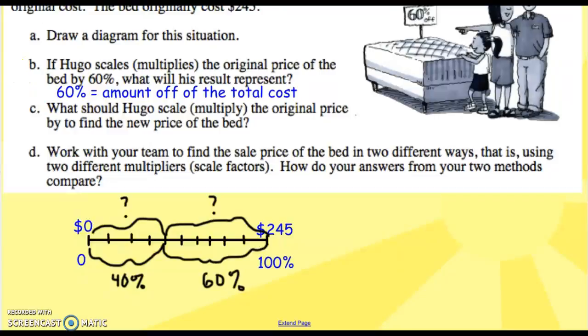C says, what should Hugo scale or multiply the original price by to find the new price of the bed? So hopefully you remember we talked about that 40% is the price that you pay. So if I multiply 245 by 40%, that is the price he will pay.